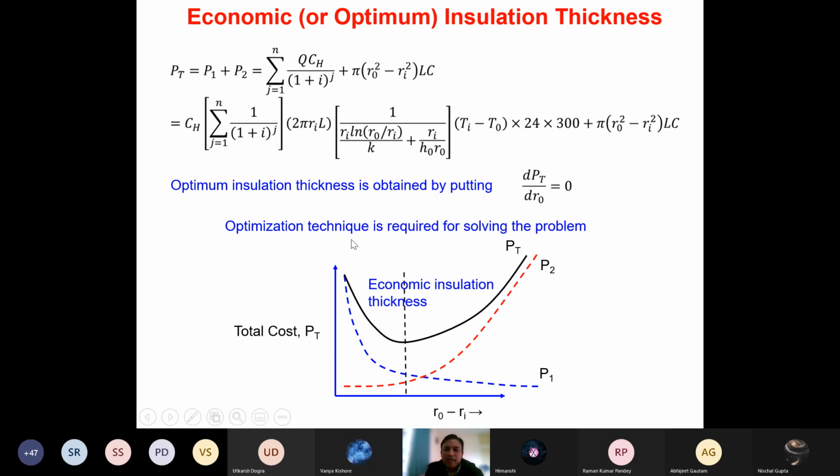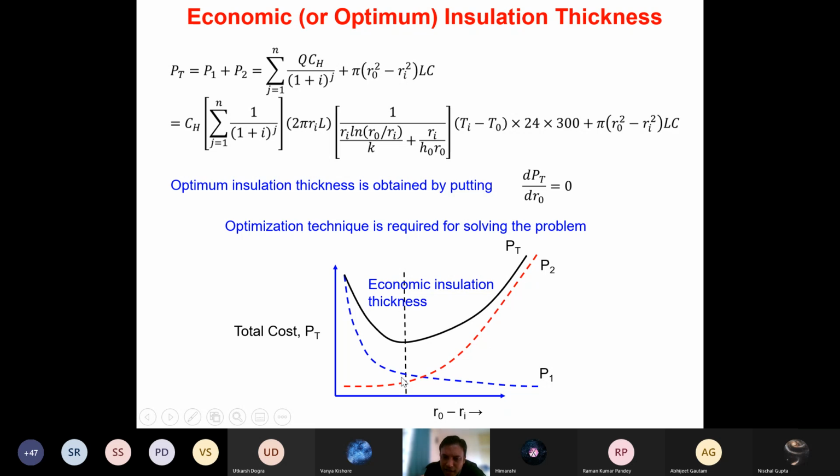So this is what we have done, dPT by dR naught we are getting. Here you can see that this is the economic insulation thickness I am going to have. There are two costs. P1 is the cost of the heat lost, so as you increase the insulation thickness, this P1 is going to decrease. But as you increase the insulation thickness, your insulation cost is going to increase, which is shown by this red dotted line.